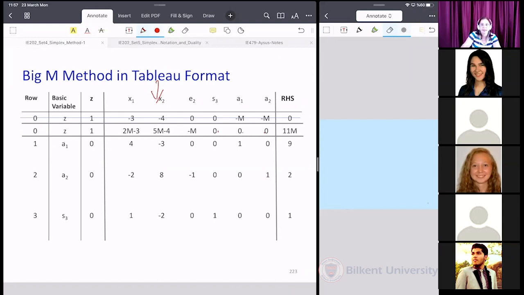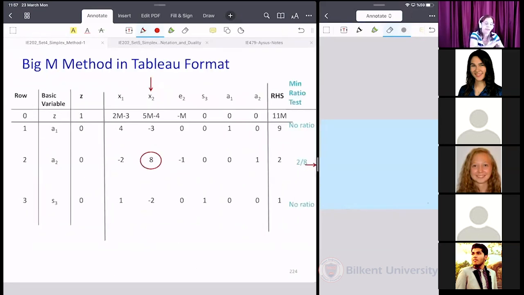Which variable is leaving? A2. A2, because, and I only have how many options? This is the only option because these are not valid. They don't even enter the ratio test. So this is my pivot entry, right? Good. Okay.